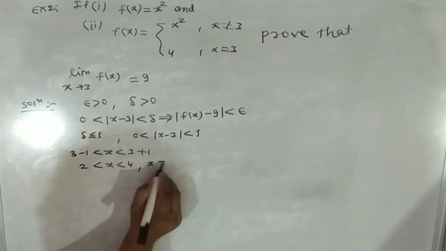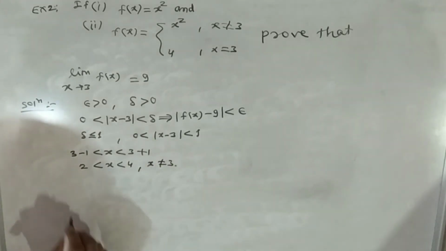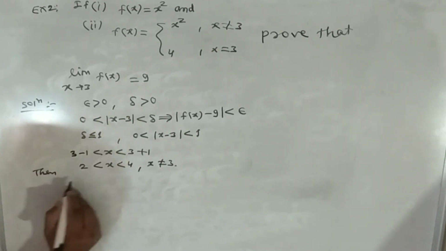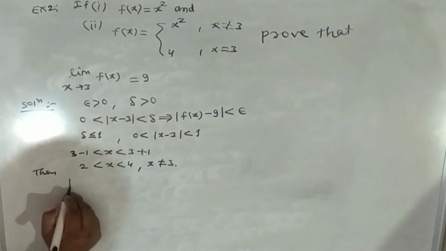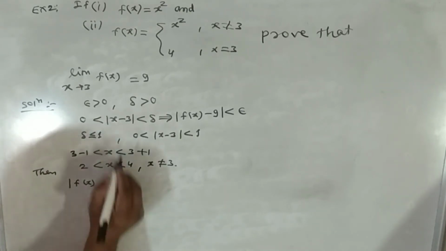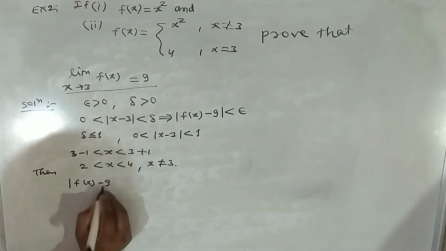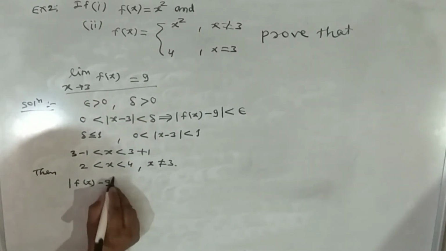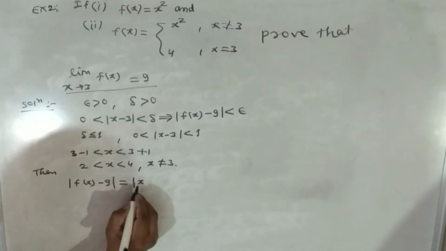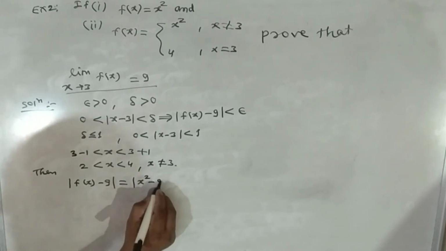If x is not equal to 3, then mod f of x minus 9 can be written as, f of x is x square, so here it is mod x square minus 9.